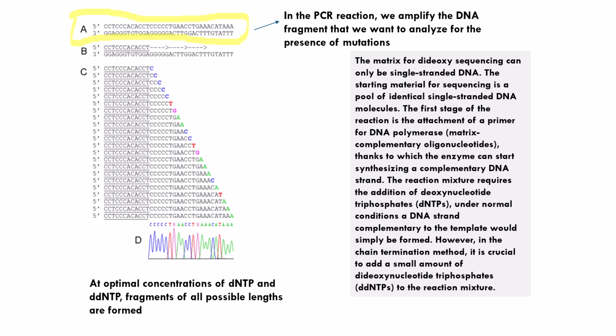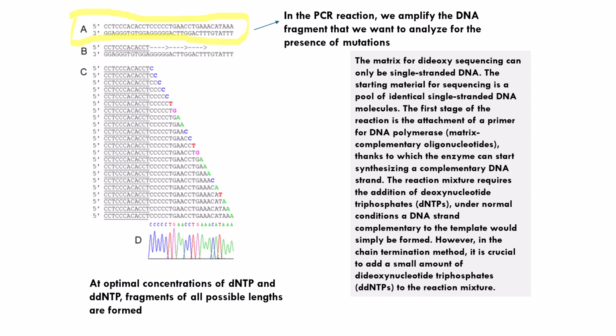In this reaction, we are using only one starter, forward or reverse, or we can use both in parallel. The starter binds to the template, and then we have the mixture of nucleotides: classical standard deoxyribonucleotides, and in addition these modified ones which do not have the OH group at the 3' end, and additionally have the colorful marker. And a reaction similar to PCR starts, but only with one primer.